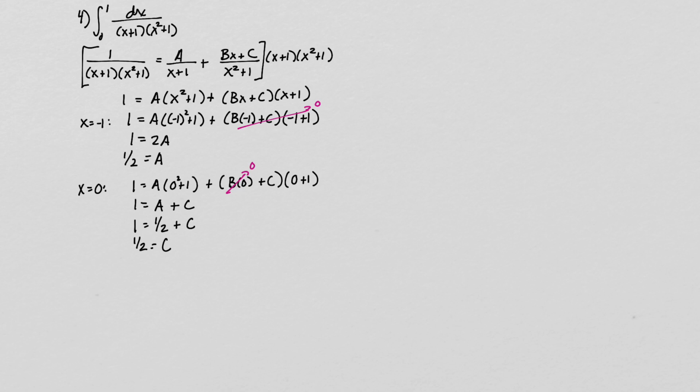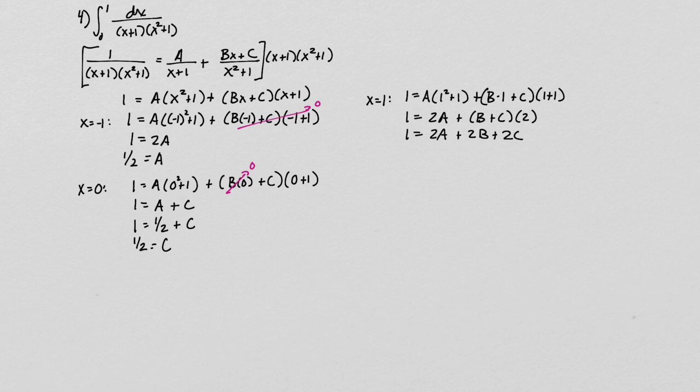And then to figure out B, we need to just plug in another value. So maybe we'll try x equals 1. You could equate the coefficients like I did on the homework solution, but I figured I'd show you guys a different way. If I plug in 1, 1 is going to be equal to A times (1 squared plus 1) plus (B times 1 plus C) times (1 plus 1). So 1 is equal to 2A plus 2B plus 2C.